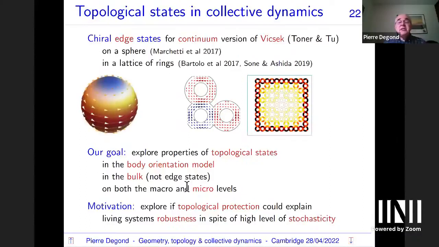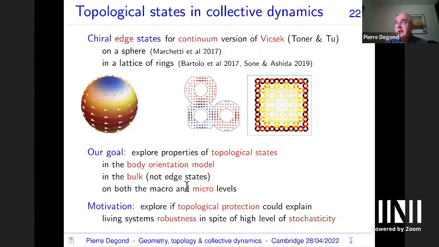Right, so what are topological states? Topological states actually started to appear some time ago when people investigated the quantum Hall effect. And then they became very popular because there is a class of materials called topological insulators that, again, rely on the existence of topological states.